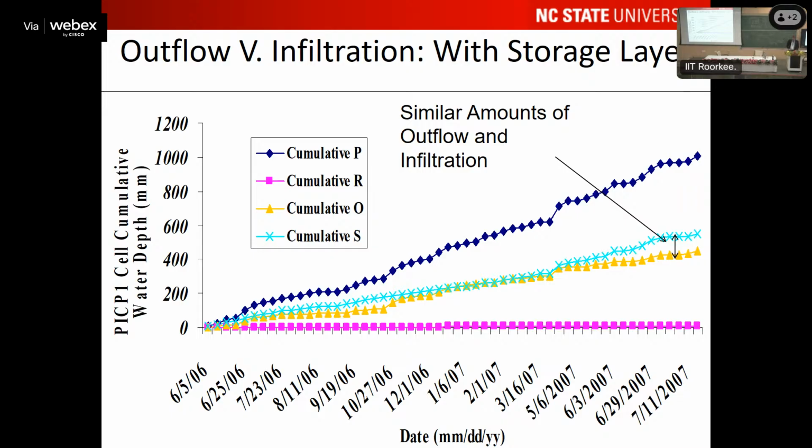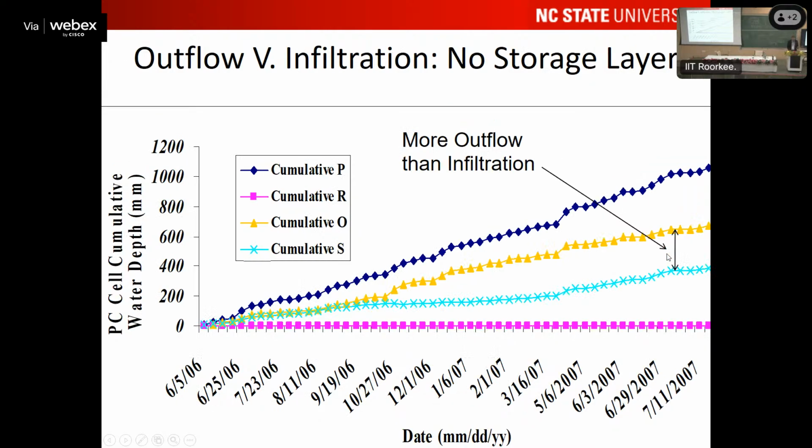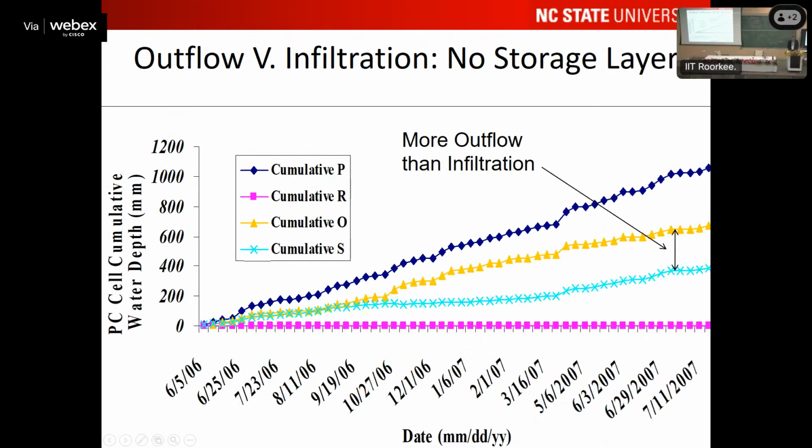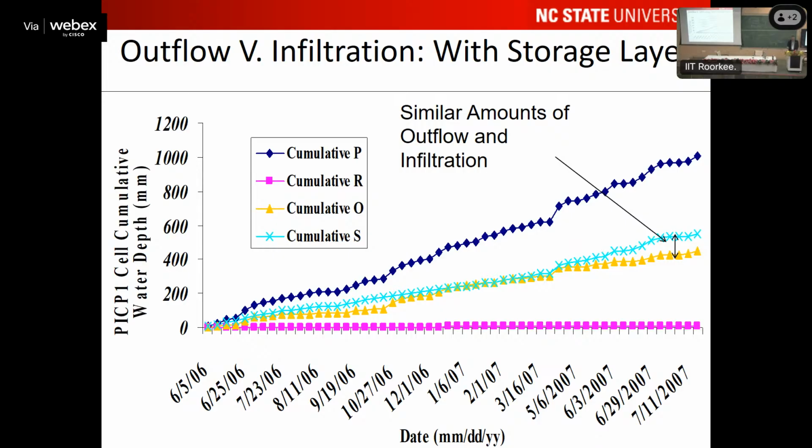Not much. Remember, in the example where we didn't have internal water storage, we had twice as much outflow as we had water soaking into the ground. So with simply 50 millimeters of storage, we flipped it.